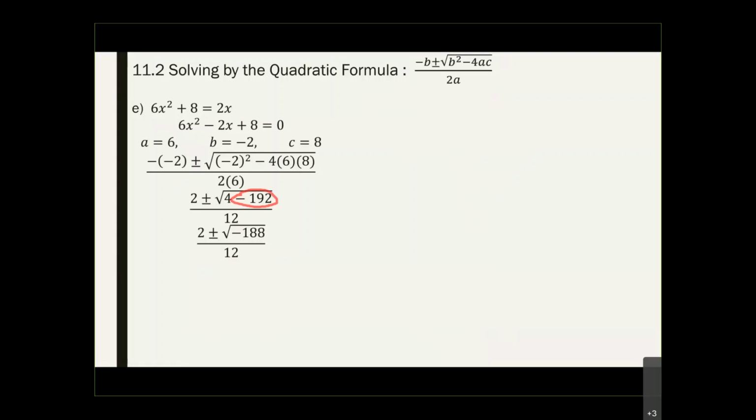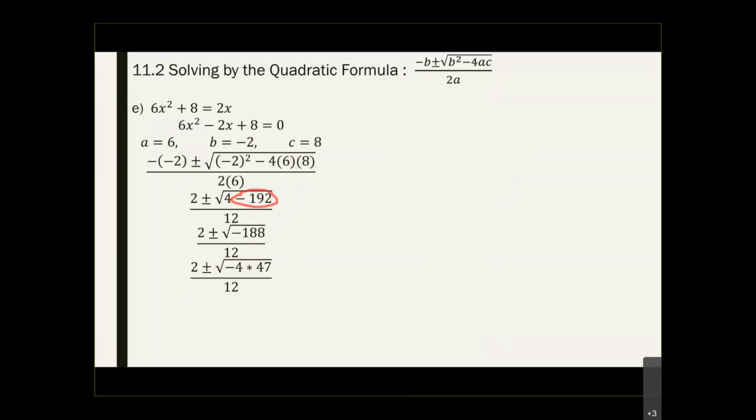And again, the problem comes in is, before we can say that this is our answer and just take out an i, you have to ask yourself, 188, do they have a perfect square in it, right? You can try and divide this by 2, and if you divide by 2, you can divide by another 2. Or basically, this is what you have: 4 times 47.